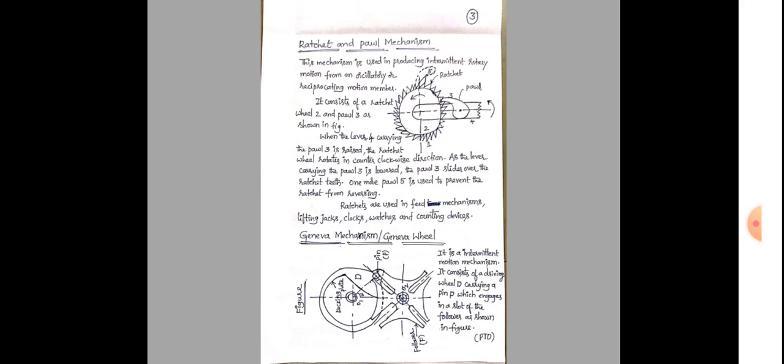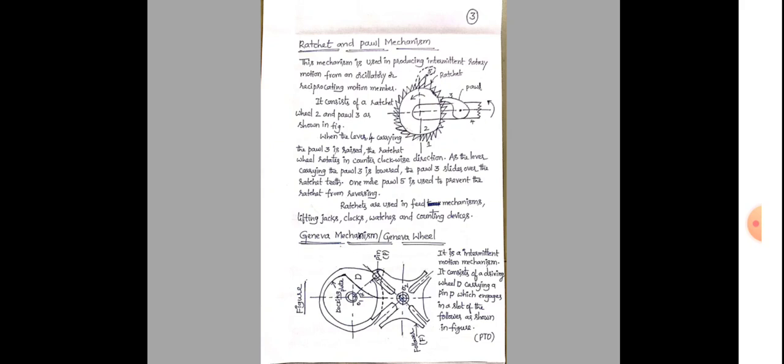So in olden days, in early motion picture projectors, this mechanism was preferred. And also for indexing of the work table on a machine tool, this mechanism is used. So these are the certain known applications in which a Geneva wheel or the Geneva mechanism is adopted.